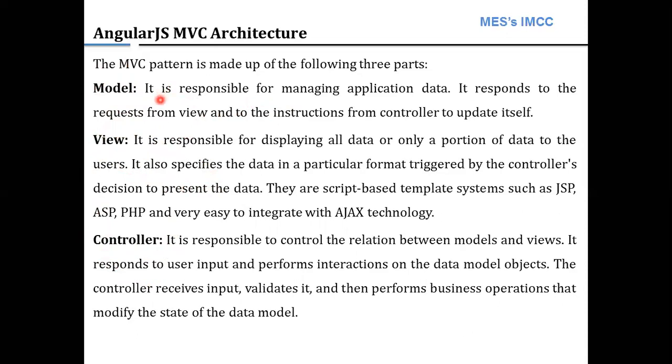We have three separate sections: model, responsible for data; view, responsible for displaying the data; and controller, for writing the application logic. In the traditional way, we mix all the code responsible for the data, for displaying the data, and for application logic. We embed this into one file. So instead of that, we have the actual MVC pattern in AngularJS.